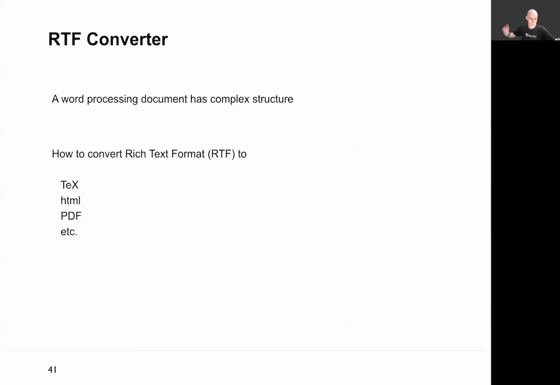So, the example: RTF, or rich text format, designed to be able to convert a document from one format to another. So you convert to RTF, and then other applications can read that in and generate a document in their format.